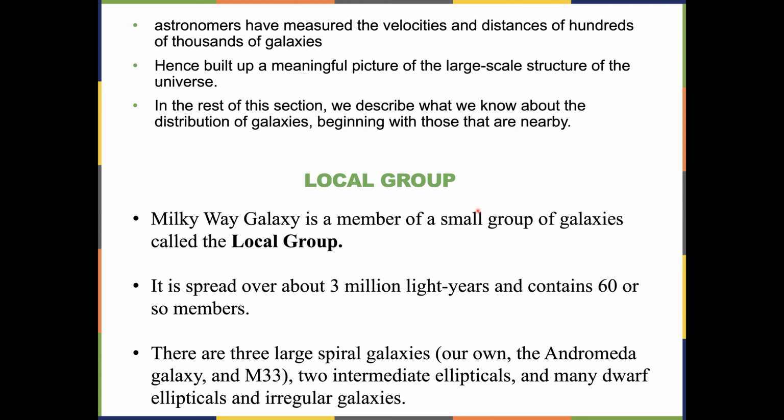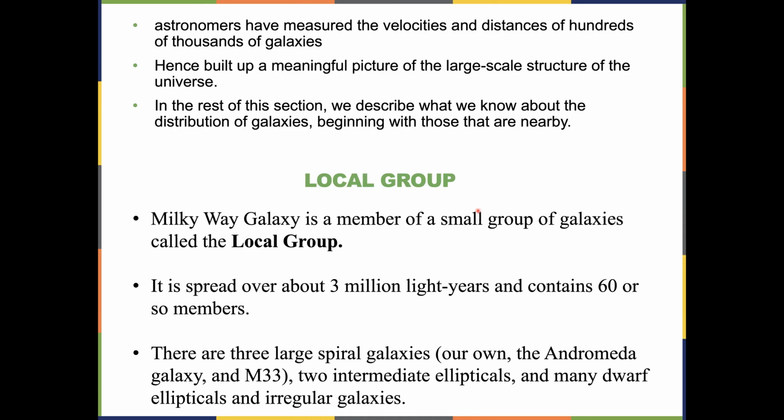Apart from the Milky Way, we have around 60 or so members in our local group. The local group is actually not a galaxy cluster, it is called a galaxy group, which means in terms of size, it is smaller compared to galaxy clusters. However, it is still spread over about 3 million light years.